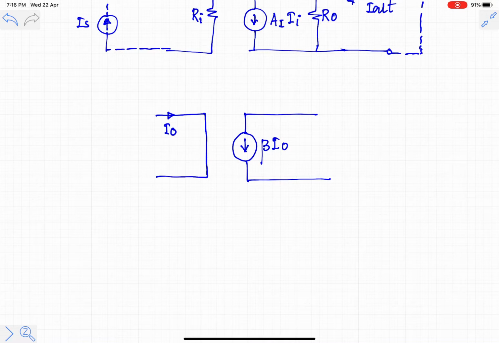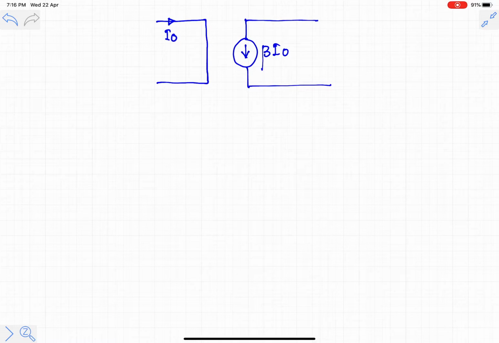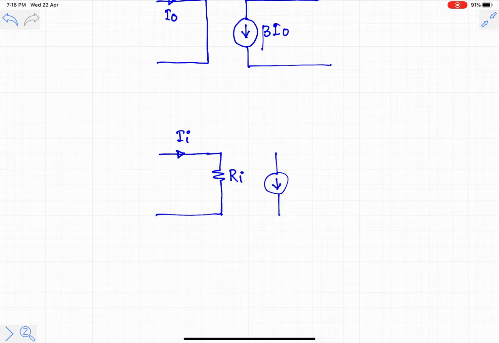Now when we combine this with the feed forward amplifier, we will get the current amplifier with feedback, but with ideal feedback network. So we will get a structure something like this. So we have the feed forward amplifier, input current is Ii, input impedance is Ri, then current controlled current source which is given by Ai into Ii, output impedance is equal to Ro.